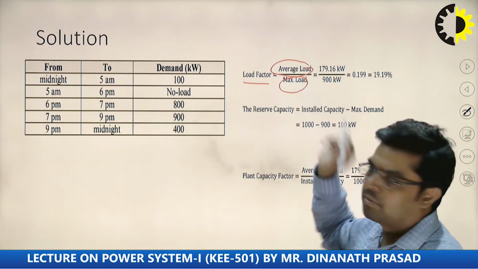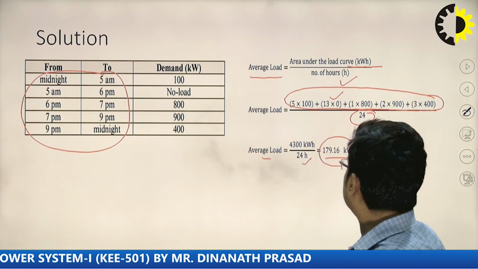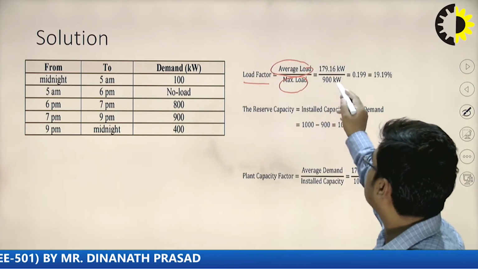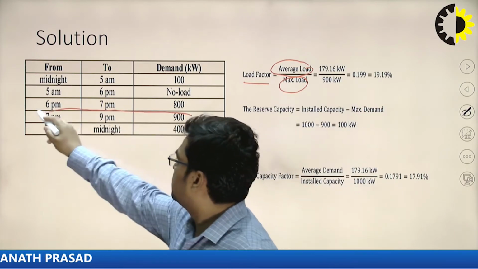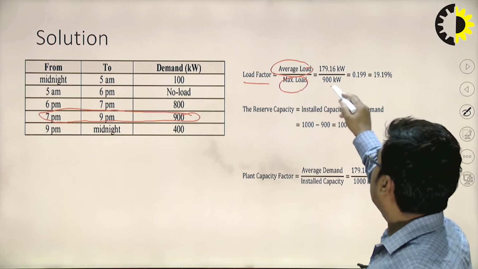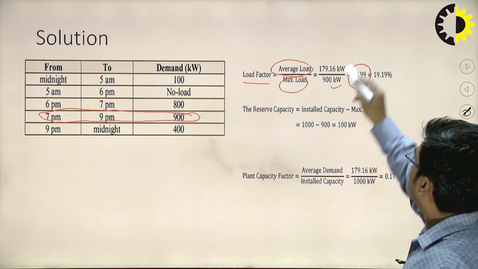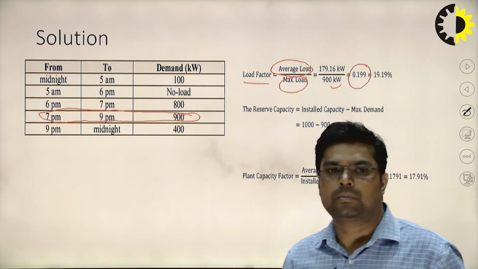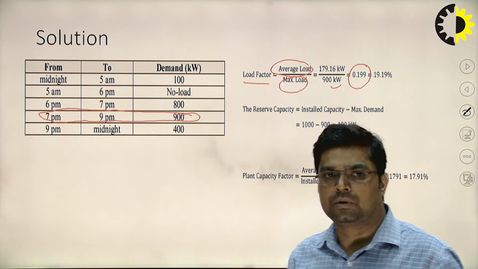The average load we have already calculated, 179.16 kilowatt, and the maximum load we can see from this table, from 7 to 9 pm, that is 900 kilowatt. We will get the load factor as 0.199. So we get this information, the load factor, from this load curve.